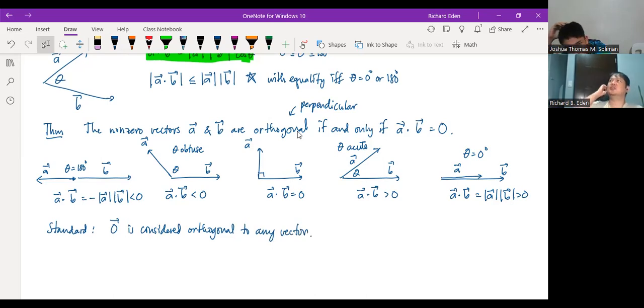It's just a matter of standard, not really in the sense that you could actually see a 90-degree angle there, because how could you? We can't even draw the zero vector as a ray with a positive length. But owing to the fact that when you take the dot product of the zero vector with any other vector, the result is going to be zero, it gets included there.